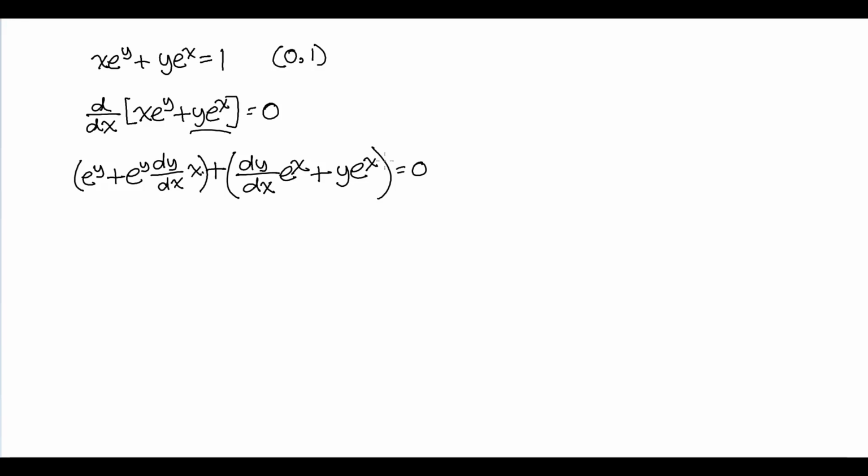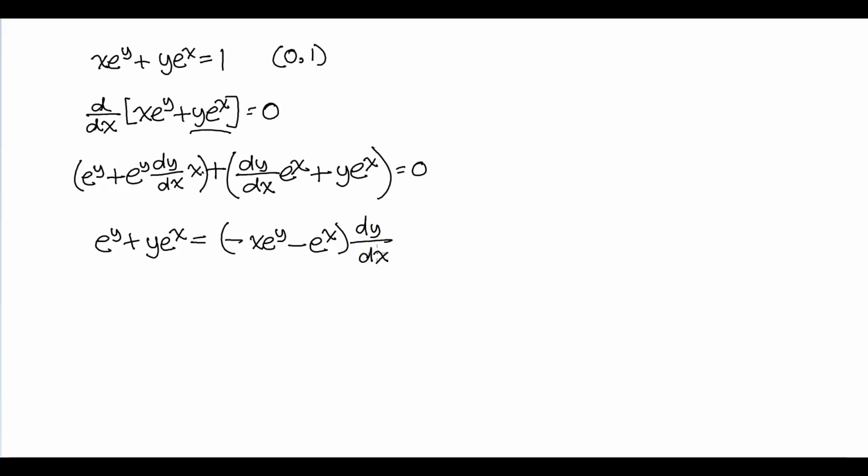And what do we get? Well, if we were to isolate the dy dx terms, so you have e to the y plus y e to the x equals negative x e to the y minus e to the x times dy dx.